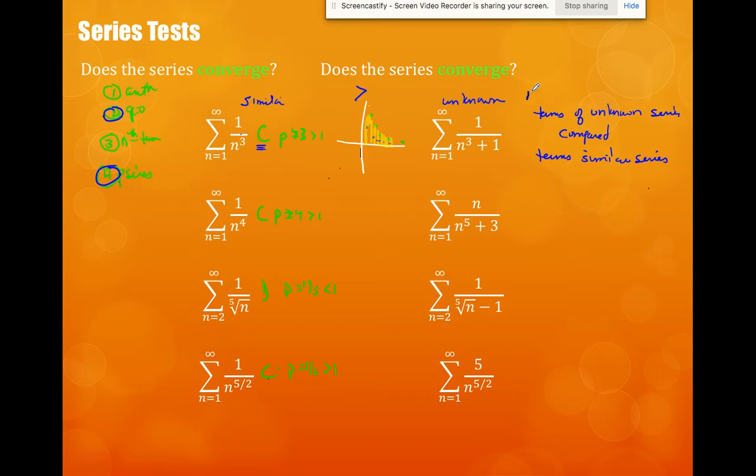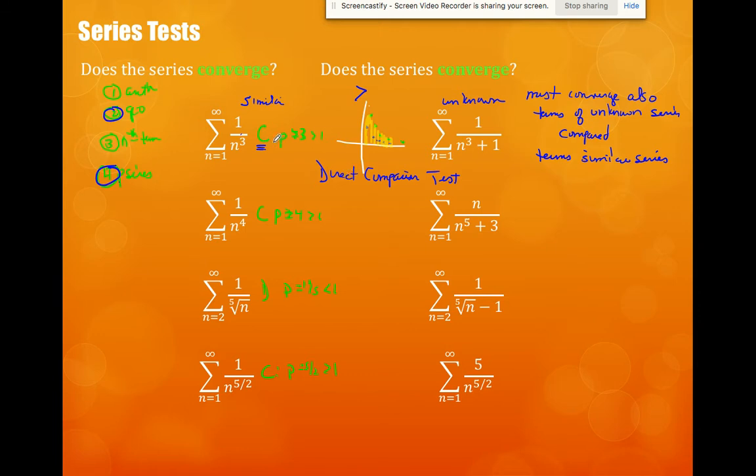Therefore, the unknown must converge too, and we call that the direct comparison test.